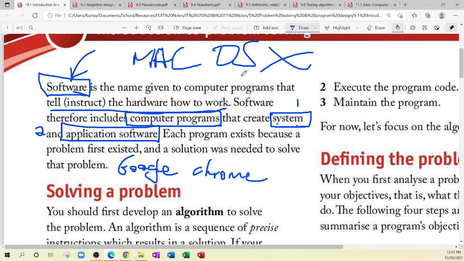The application software, as the name indicates, it's for an application. It's for a specific use. So for example, a word processor, Microsoft Word, it's for processing words. Microsoft Excel is for creating spreadsheets. Google Chrome, it's only for browsing the internet.